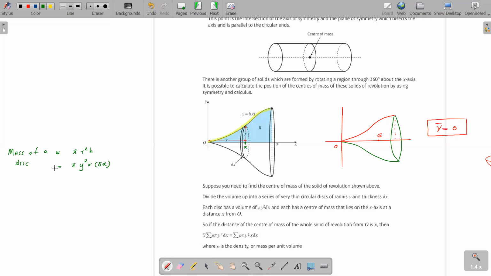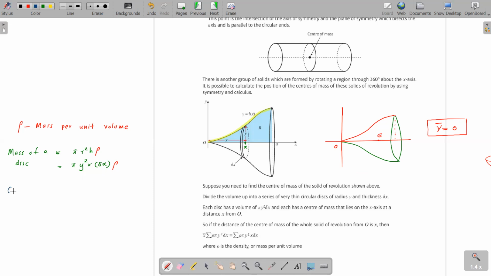Then for the mass of the disk, you get the volume and multiply with rho. Rho is the mass per unit volume. So pi y square delta x into rho, right guys? Pi y square delta x is the volume of the tiny disk, and multiplying by rho gives you the mass.